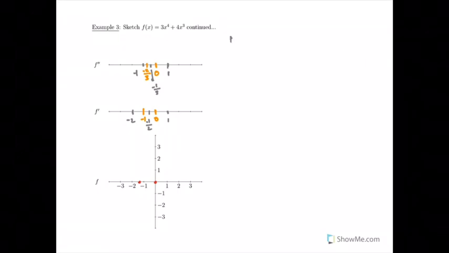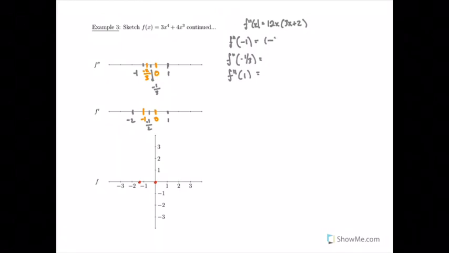So let's get to it. We need to plug into the second derivative -1, -1/3, and 1. And we're going to plug that into the factored form, 12x times 3x plus 2.